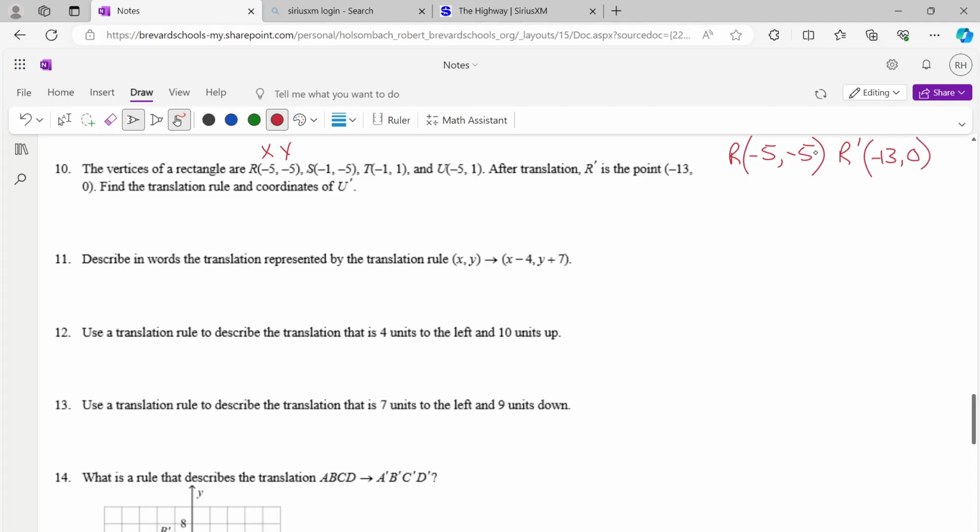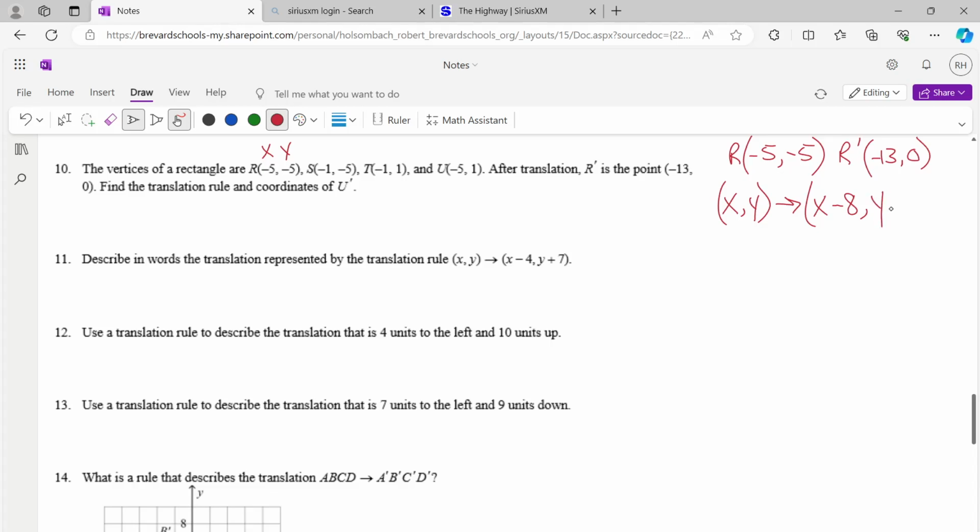So we have to write a rule for this and then apply it to point U. So our rule for this move is for every xy, we ask ourselves, what happened to the x's? If we went from -5 on the x-axis to -13 on the x-axis, didn't we go left 8? We subtracted 8 from -5 and we got -13.